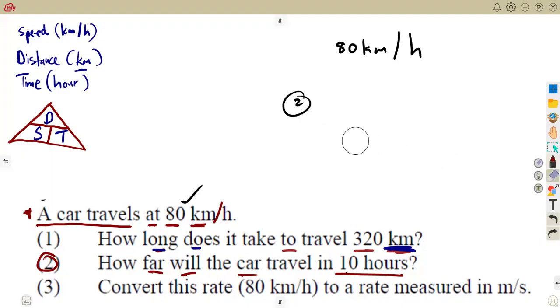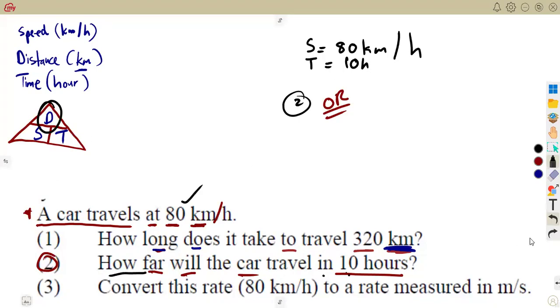Or you use this idea here. Another way is to use this part. Remember, this represents the speed. So we have our speed. What are we given? In 10 hours, we are given the time, 10 hours. How far?